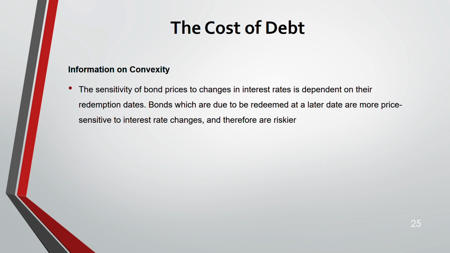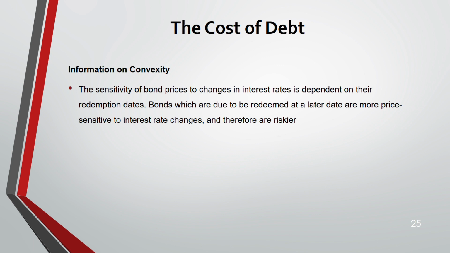Over a long period of time, interest rates change more. Let's say a 10 years versus 3 years bond. Over 3 years, interest rate change will not happen so much. But over 10 years, it does. So that's why when bonds are redeemed at a later date, they are more price sensitive to interest rate changes. That means they are riskier.